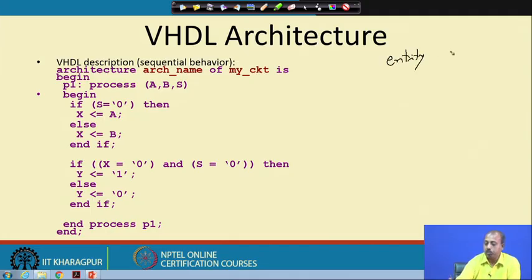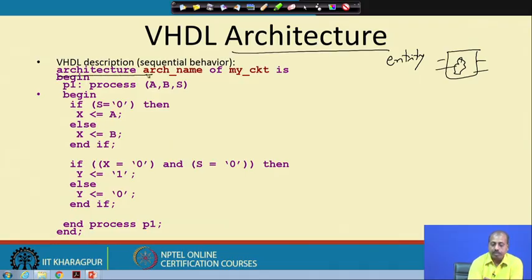The entity has told the interface with the outside world, and then I am trying to describe what is there inside. For that I have to use the architecture part, which starts with the architecture keyword. Again, I can have several architectures of the same entity. For this entity, my circuit, I am defining an architecture, and this particular architecture name is say arc name.